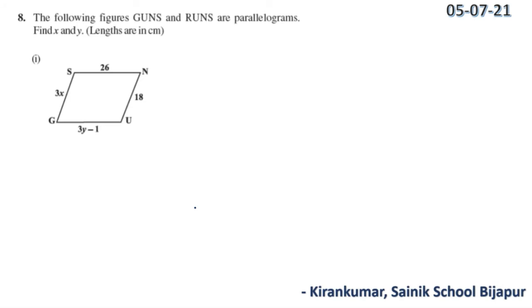This question is related to the properties of the sides of a parallelogram. In this, GUNS is a parallelogram. The opposite sides are equal. Opposite sides of a parallelogram are equal.